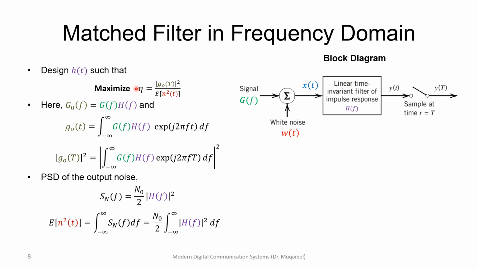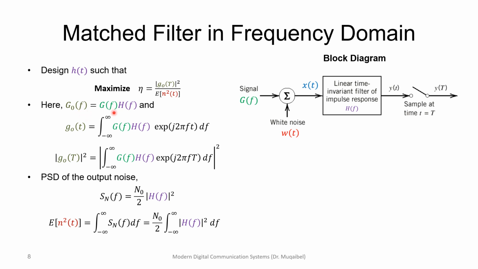I can say, using frequency domain notation, that G out is G of f, the transfer function, the input signal, multiplied by H of f. So this now is the same figure, but I'm using the frequency notations here. So we can say also that the output is the inverse Fourier transform of the multiplication.